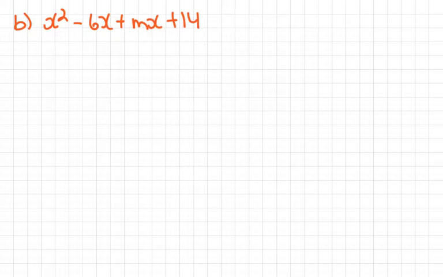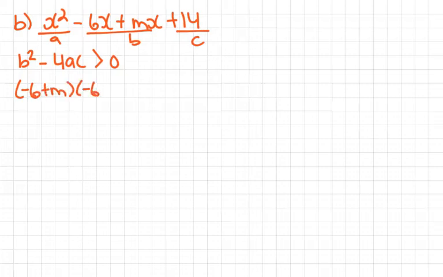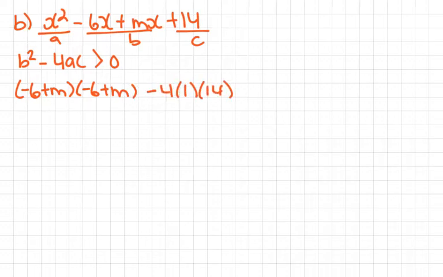So using this as A, B, and C, I'm going to plug that into the discriminant. In order for it to have 2 solutions, the discriminant has to be greater than 0. So my B value is negative 6 plus m. And that's squared, so I'm just going to write it twice right away. Negative 6 plus m squared minus 4 times a, which is 1, and c, which is 14. And that has to be greater than 0.